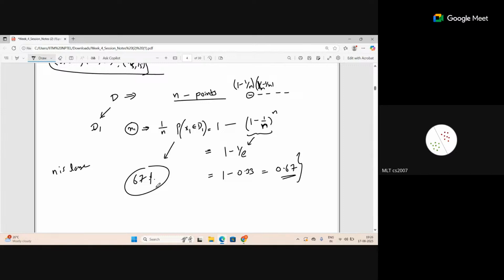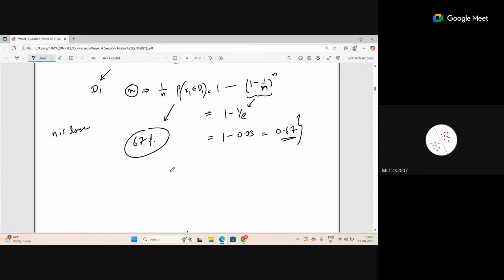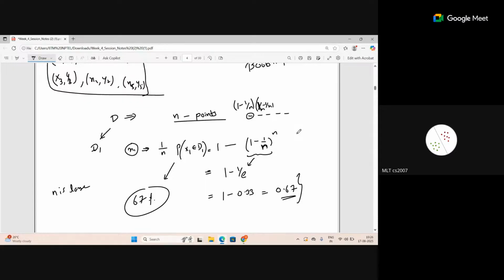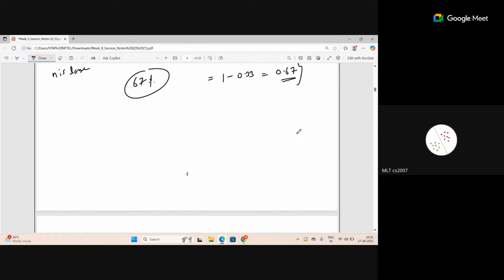But again, how will this decrease if I average it out? Even though that chance is there, we are not only relying on that. We have d1, d2, d3 and so on. We use these data sets for the decision trees and we average it out.